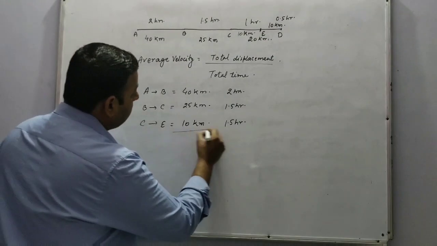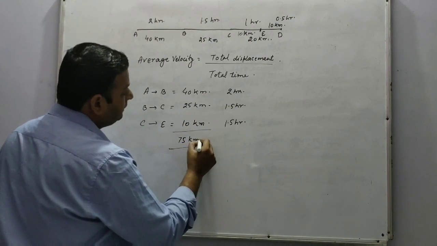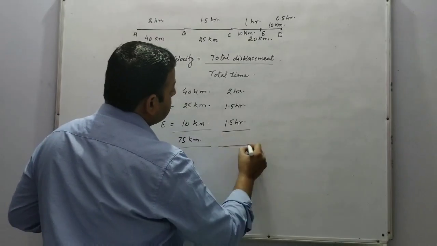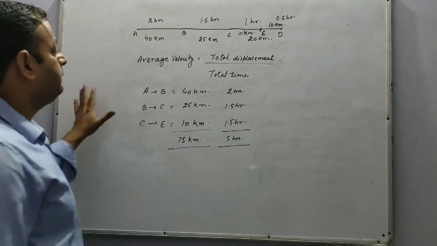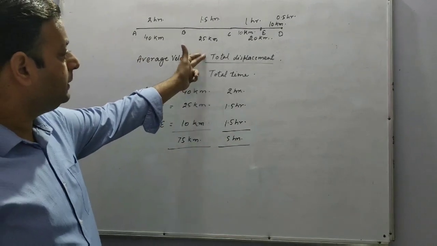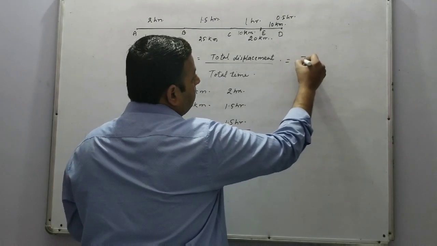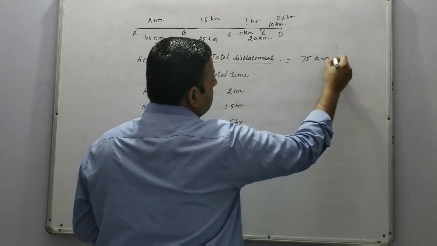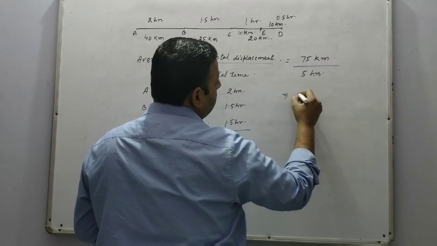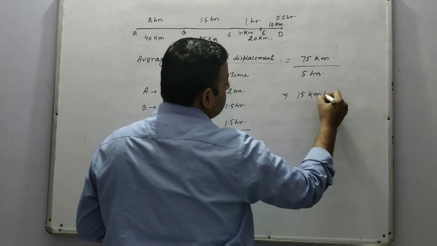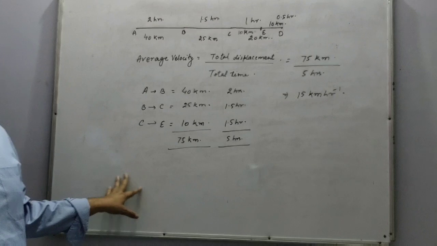So net displacement would be equal to 75 kilometers and the net time taken is 5 hours. Now average velocity means total displacement upon total time. So total displacement 75 kilometers upon total time, that is 5 hours, is equal to 15 kilometers per hour. This is the average velocity of the journey.